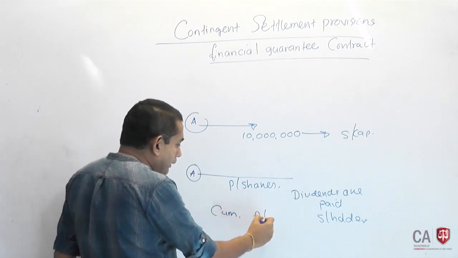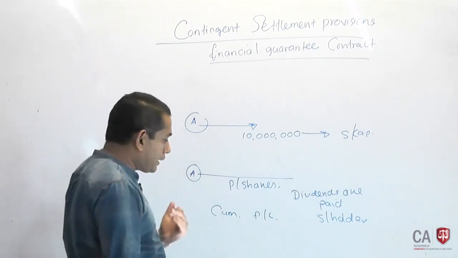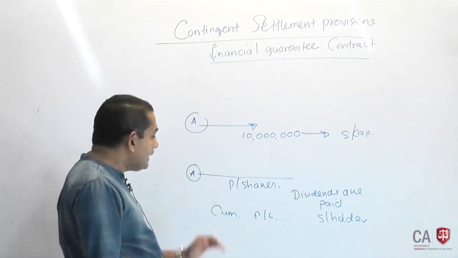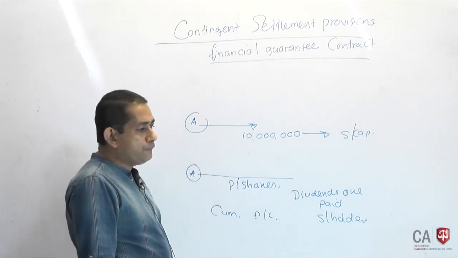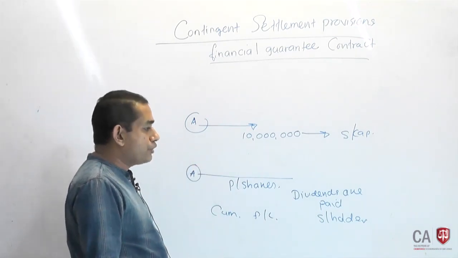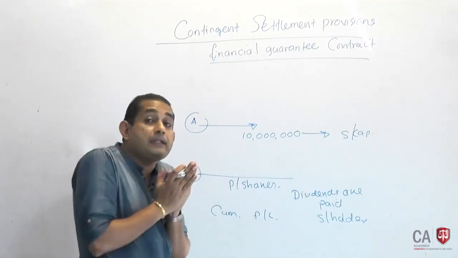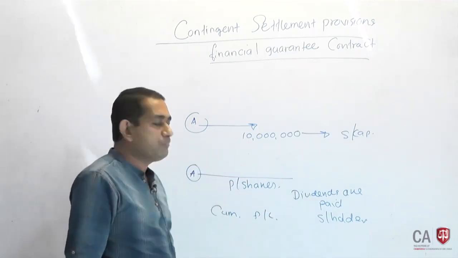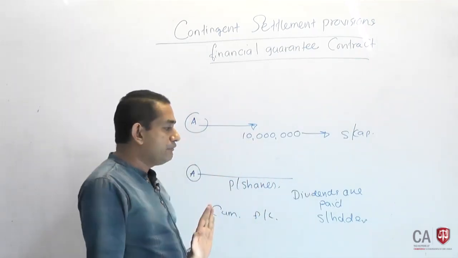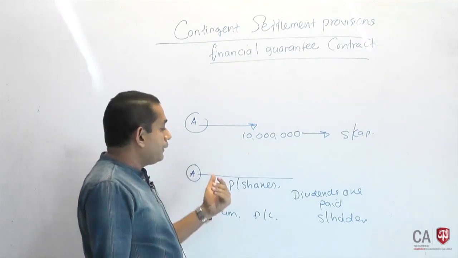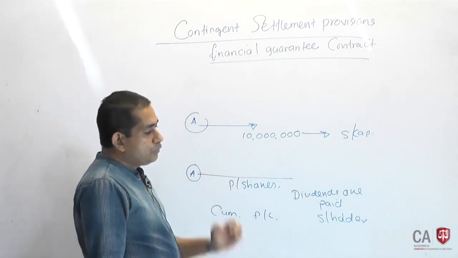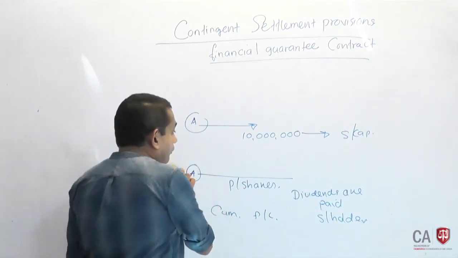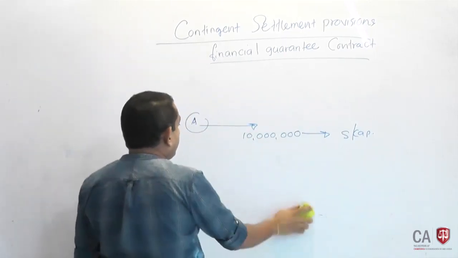Cumulative dividends should be a financial liability. Why? Contractual obligation to deliver cash to pay dividends, and another supportive reason to recognize that as a liability is that the entity does not have an unconditional right to avoid that dividend payment. No unconditional right to avoid the dividend payment, and as a result that becomes a liability. For you to recognize something as equity, there has to be an unconditional right to avoid the payment.